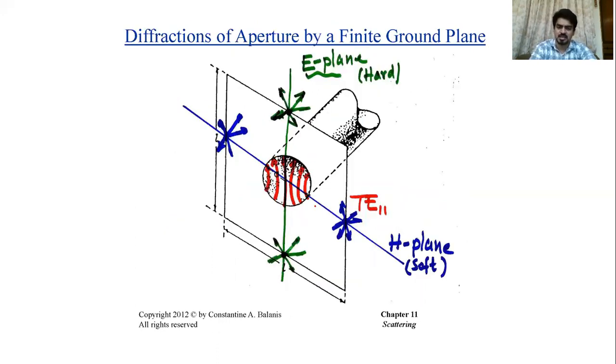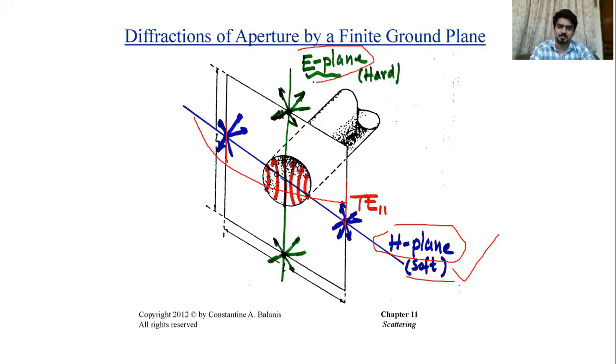Same thing even here for this kind of circular waveguide opening. Again, you have E field, which is parallel to these vertical edges. As a result of that, in the horizontal plane, which is nothing but H plane, since it is parallel to the edge, you will have much weaker diffraction from those edges in that plane, and that's why it is soft polarization.